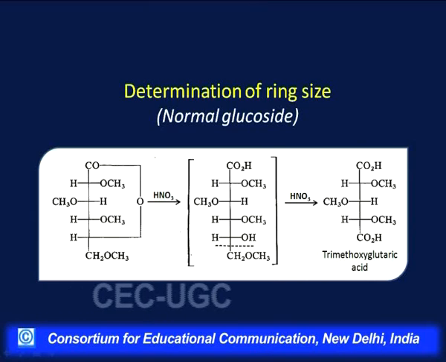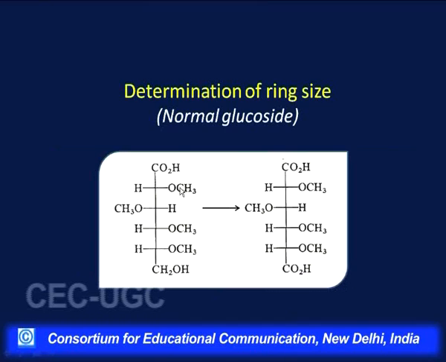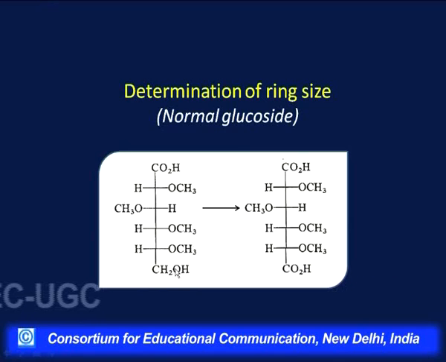Now, we can represent this by taking this open chain structure. This is carboxyl here, these are the 4 hydroxyls which are converted into methoxyl. If linkage was from this carbon, that is the 6th carbon, then this will be free now. And now when it is oxidized with nitric acid, what will happen?